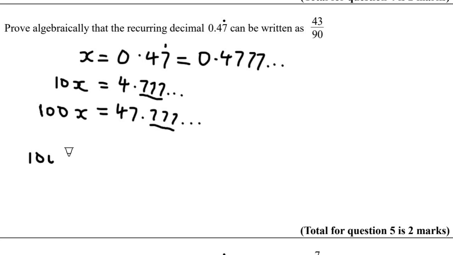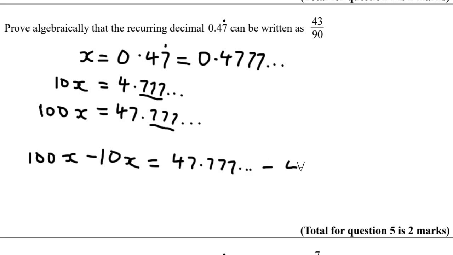We're going to take the difference between 100x minus 10x, and then that will be 47.777 recurring, take away 4.777 recurring. And what do we get? On the left-hand side, we get 90x.